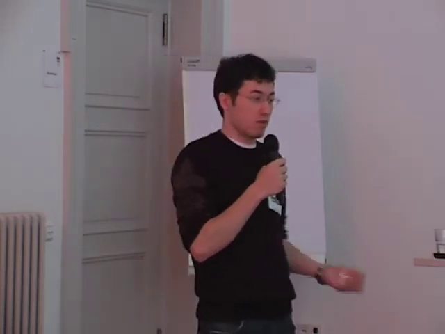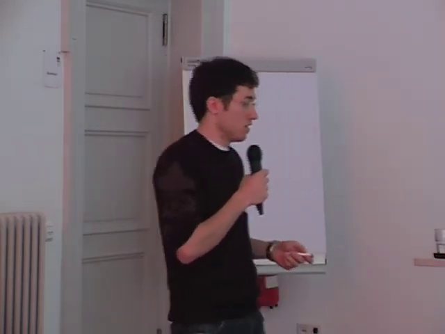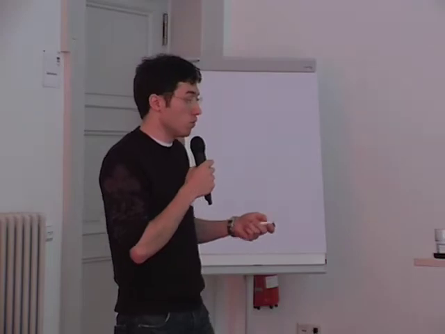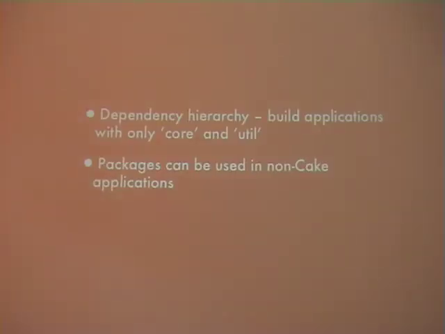The entire framework only depends on those two packages, and other packages depend on other packages than those, but we kept the dependencies really tight, which is cool for reasons you'll see later. One of them being that you can take these packages and extract out their dependencies and use those in non-Cake applications, which is pretty cool, right? I mean, you've never been able to do that before.